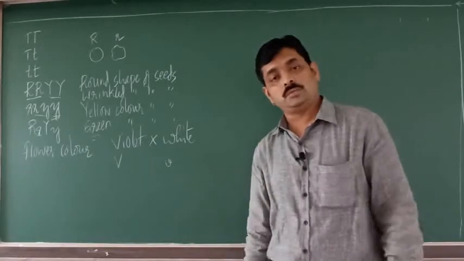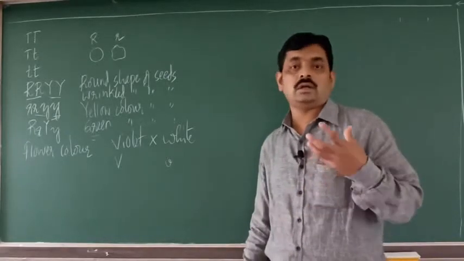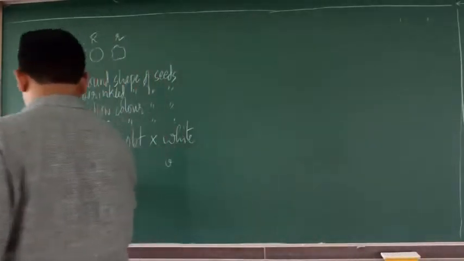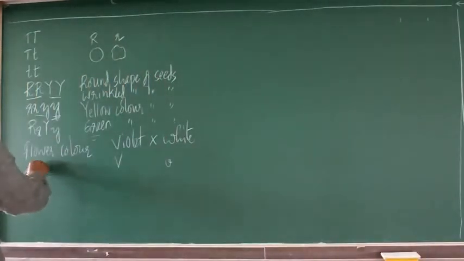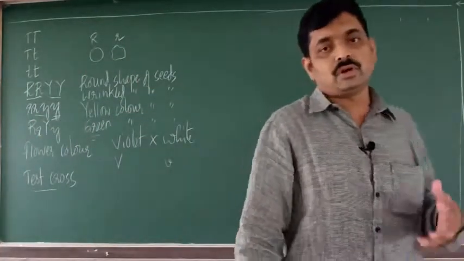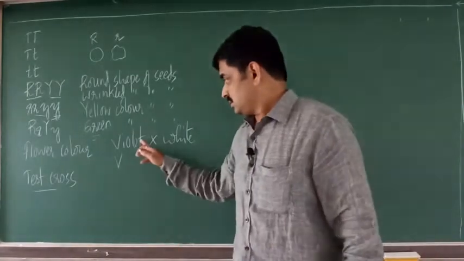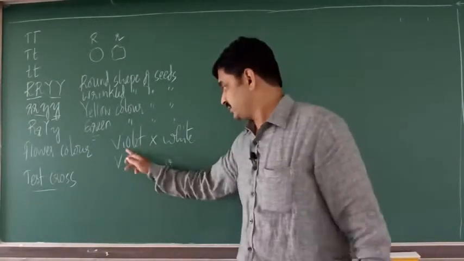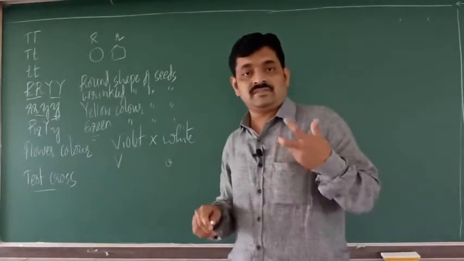Next we will consider another type of cross, that is called a test cross. Before considering the test cross, we shall consider the homozygous and heterozygous conditions in the violet and white flower colors.